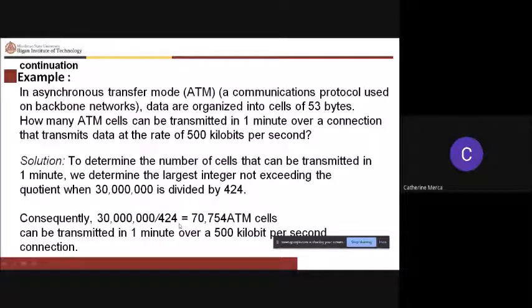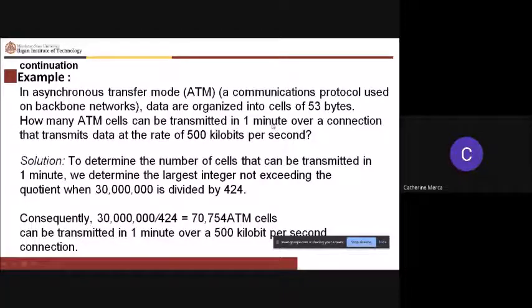So you divide by 424, the answer is this one. Meaning to say, this number of cells can be transmitted in 1 minute over a 500 kilobit per second connection. Per second man yung connection. Kaya yung kanina, 1 minute man nakabutang, atong butang ito in terms of seconds, which is 1 minute is equal to 60 seconds.